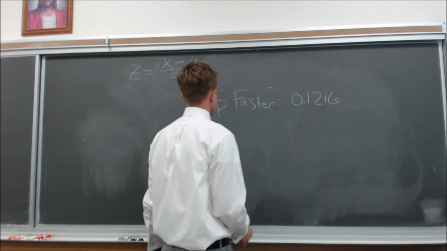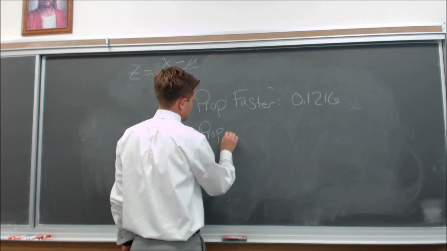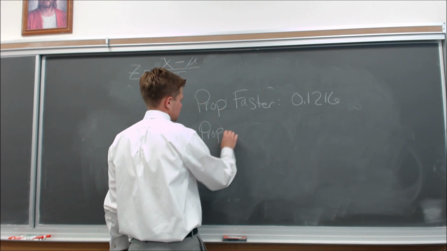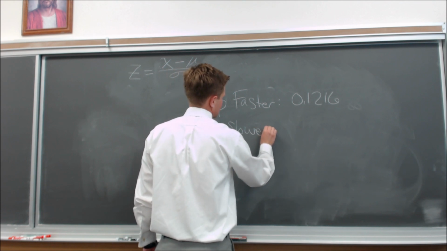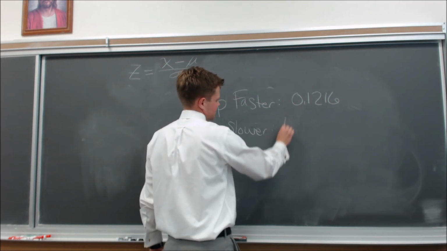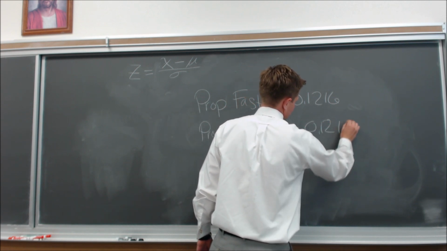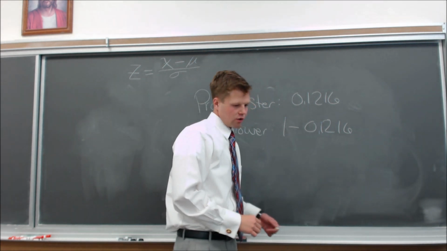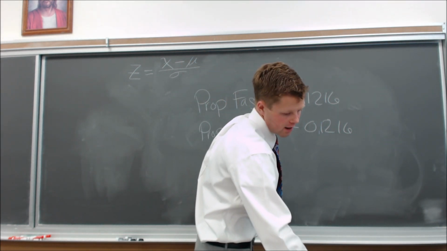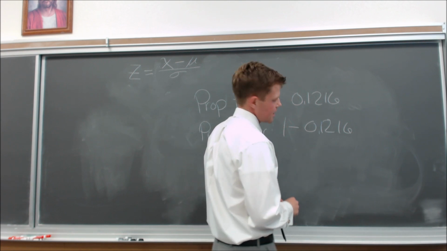And what's cool is that if you remember from our rules about probabilities, the probability that it was slower is just 1 minus that number. And so the answer there is just simply 0.87.